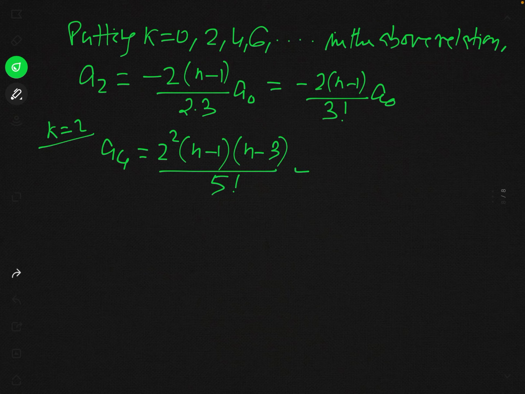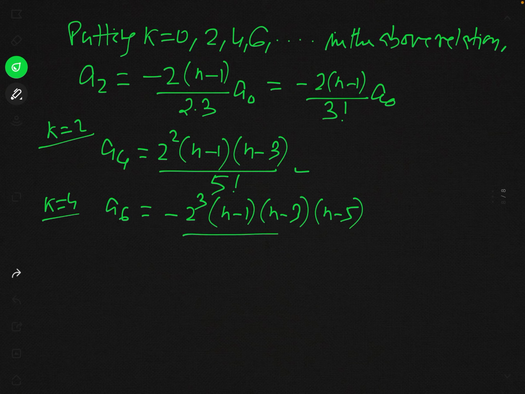You can check it. And similarly, when we take k equal to 4, your result will be a6 equal to minus 2 raised to the power 3 times n minus 1 times n minus 3 times n minus 5 over 7 factorial a naught.